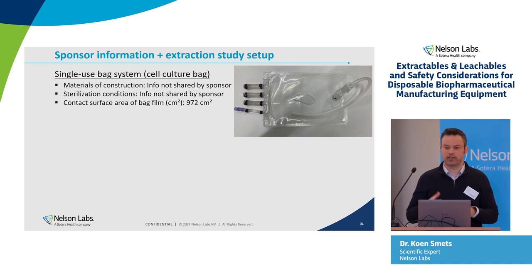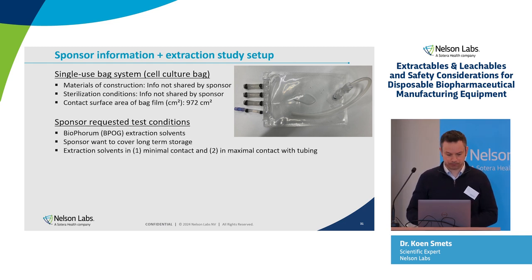They managed to provide us with a small scale version of the bag, so we have no issues on the scale of the test items, but they were not very open, let's say, on the materials of construction or sterilization conditions that were used. So they were very protective on that. The only thing they informed us of was the surface area of the bag system. So when we report results in micrograms per square centimeter, they could easily recalculate results to the process dimensions that is used in an actual process by their customers.